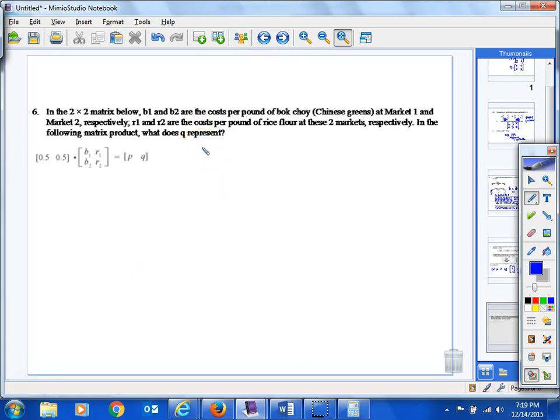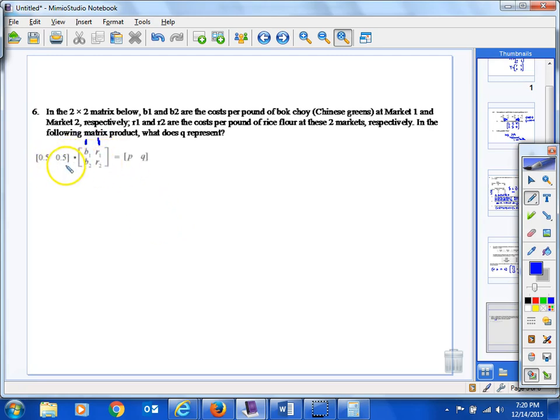This is another question based on a matrix that's provided for you. B1 and B2 are the cost per pound of Chinese greens or bok choy. So that's this column at market 1, and R1, R2 represents the cost per pound of rice flour at market 1, market 2.